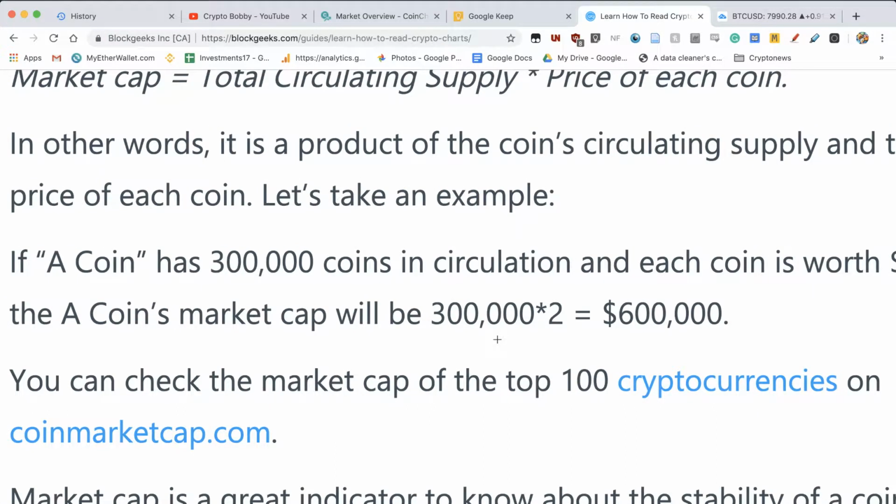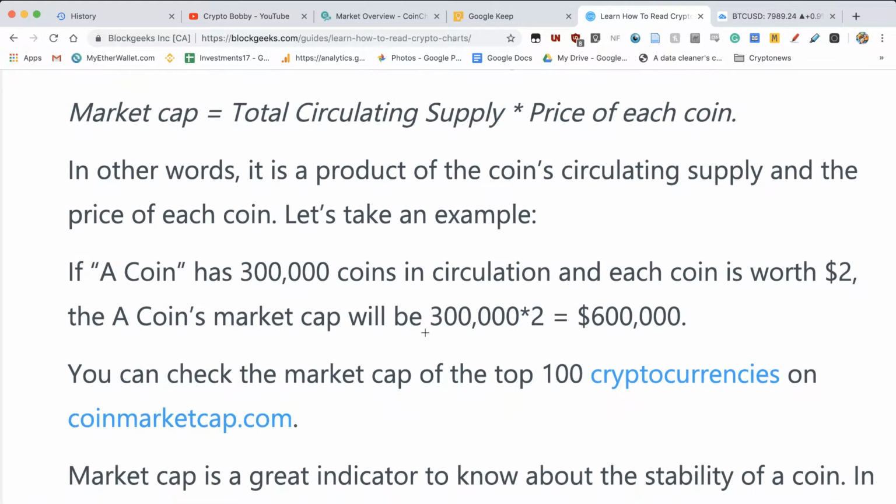I hope that was not too fast, but keep in mind that when you're looking at coin market cap and the valuation, I could personally make my own cryptocurrency with 1 million circulating supply of coins, and I can buy one coin for $10, and then I've already got a 10 million US dollar market cap.